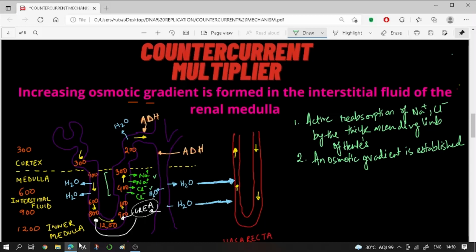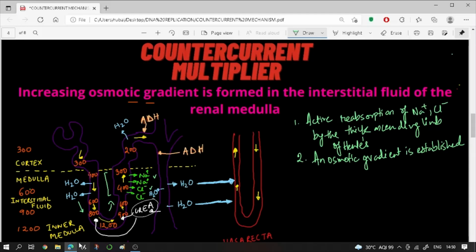Since the tubular fluid is constantly moving from the descending limb into the ascending limb, the ultrafiltrate is continuously moving through Henle's loop, and the thick ascending limb is constantly reabsorbing the sodium and chloride ions.